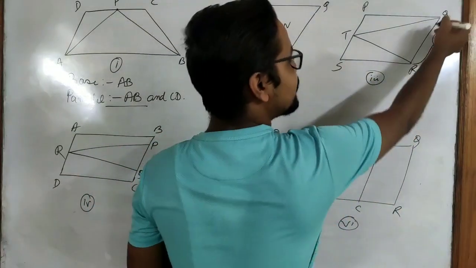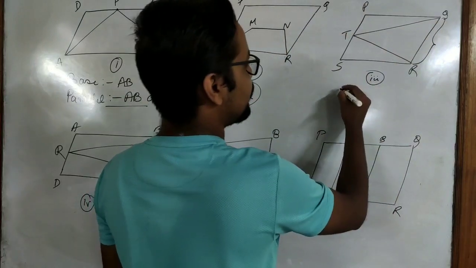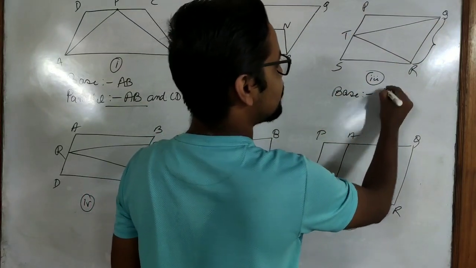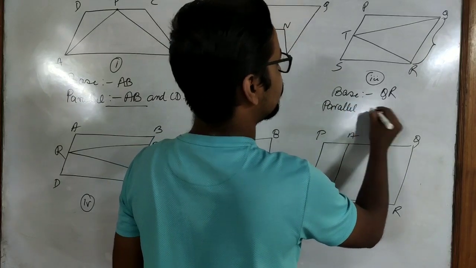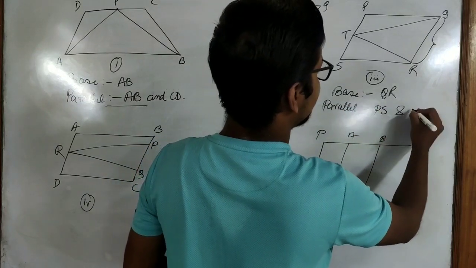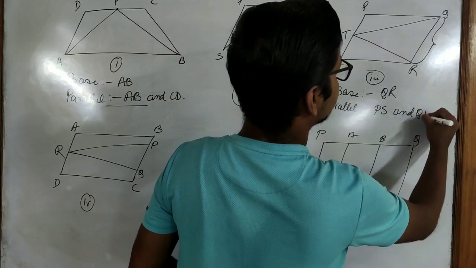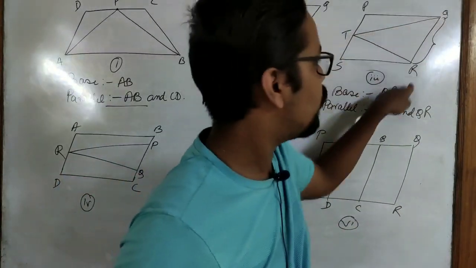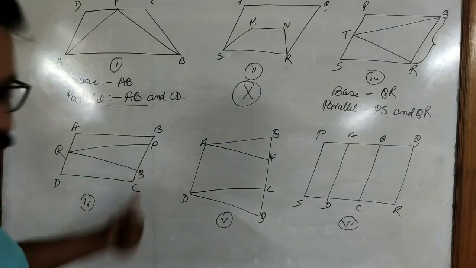So that means they are on the same base and between the same parallel lines. Therefore in this case the base is QR and the parallel lines are PS and QR. Hope that's clear.